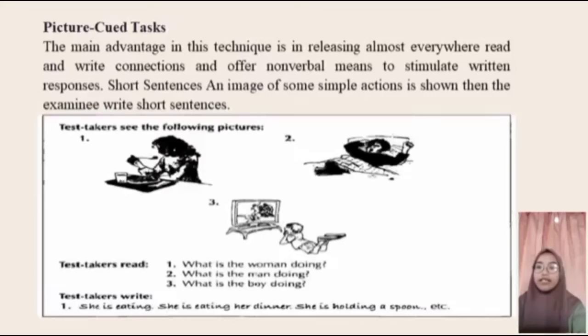Test takers see the following pictures, numbers 1, 2, and 3. Test takers read: 1. What is the woman doing? 2. What is the man doing? 3. What is the boy doing? Test takers write: She is eating. She is eating her dinner. She is holding a spoon, etc.